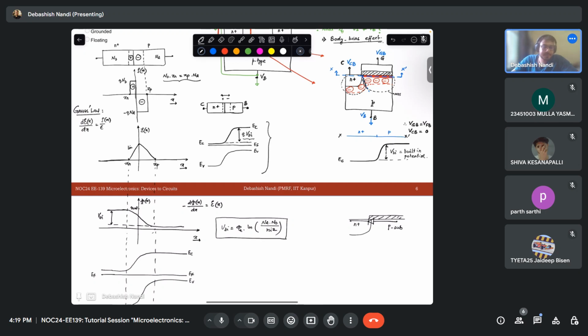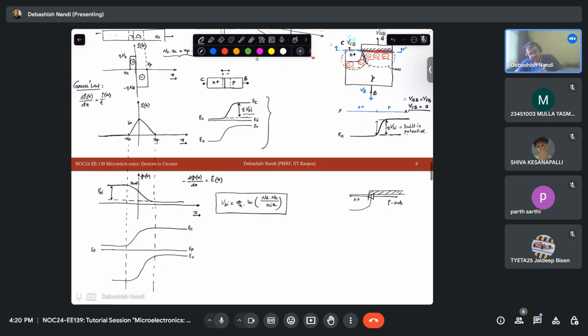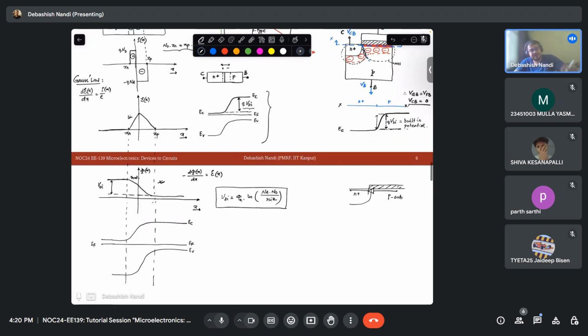Now you see, when your VGB is 0, the potential barrier the carrier sees is your built-in potential, q times the built-in potential. This built-in potential is coming from this analysis.